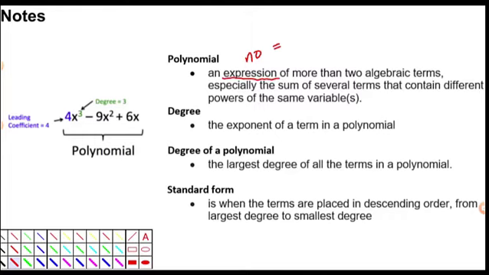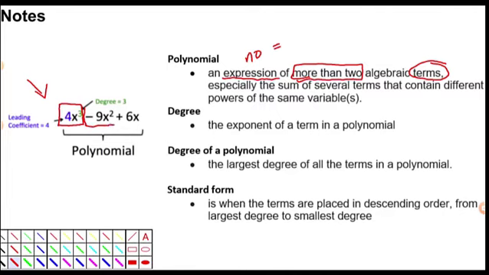But what else? What's more important there? It says more than 2. So we have to have more than 2 terms. That's our key word. So let's look at this example that they give us here. What I notice is that each one of these will break up into a term.